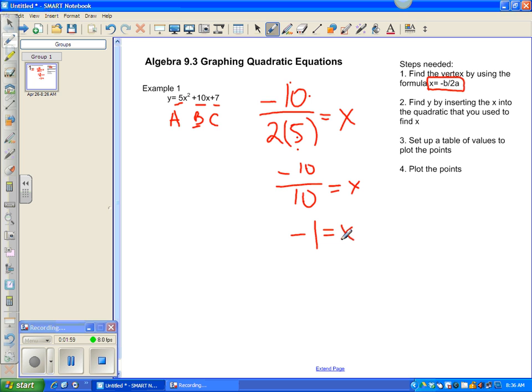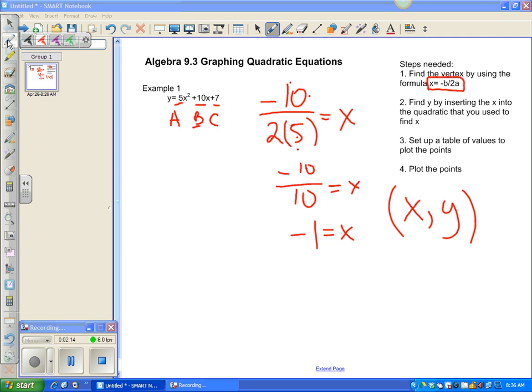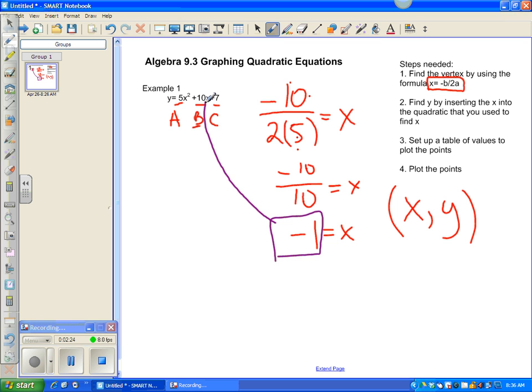Now here comes the tricky part. In order to find my y, because we all know that every point on a table has an x and a y, all I need to do is insert my newly found x into the x's that are there. I'm going to put an x in here, and it goes in here.